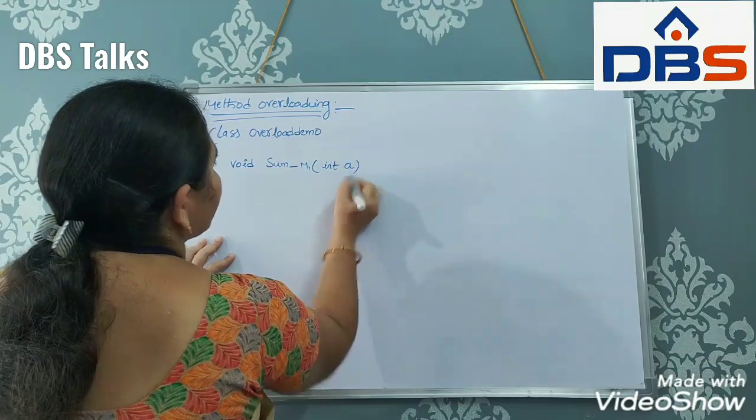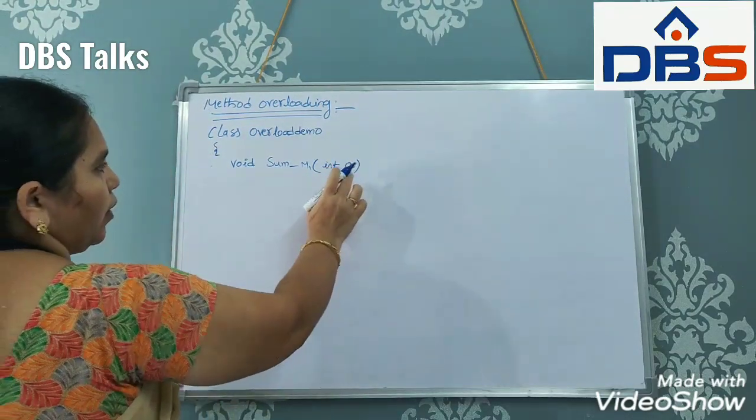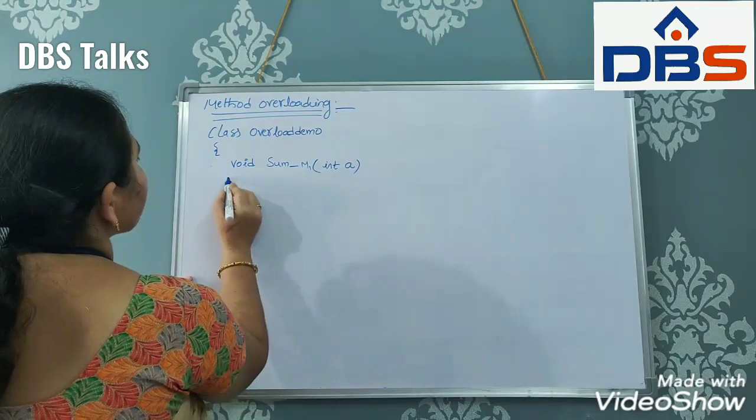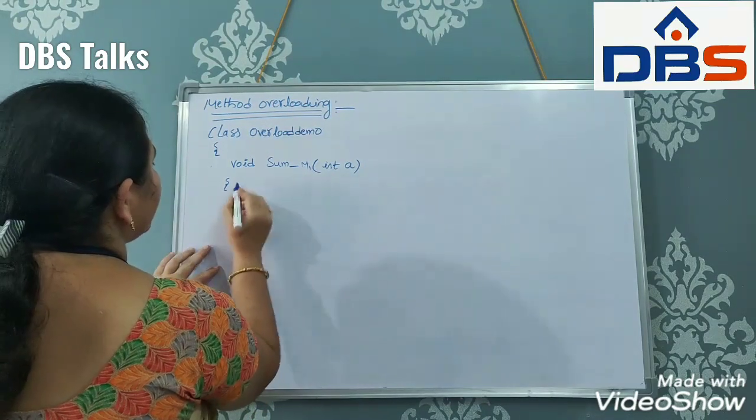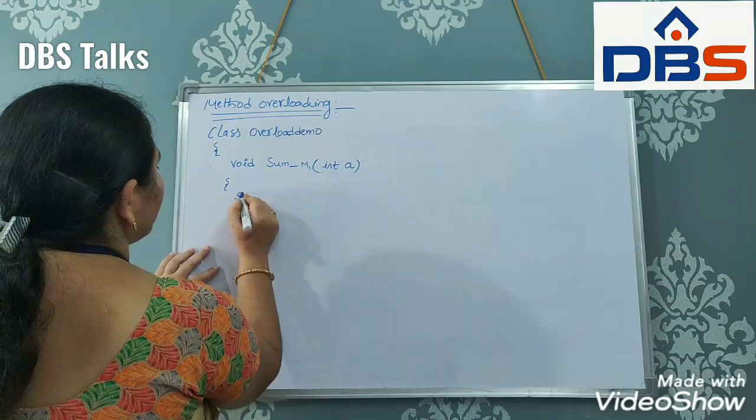Int a, I am using only one argument in this method, and then I want to print this.